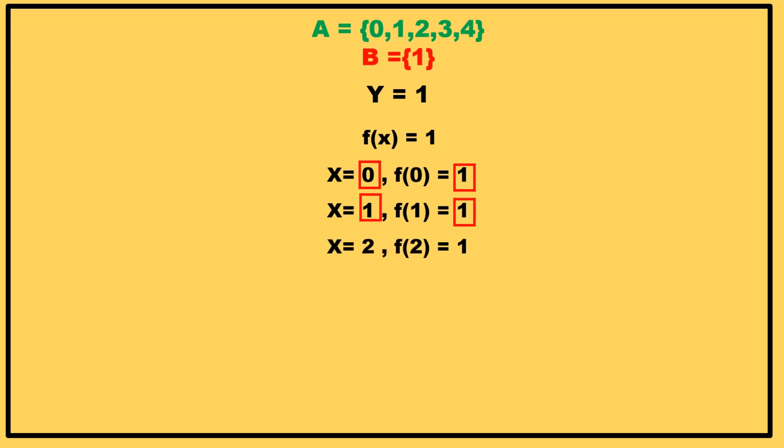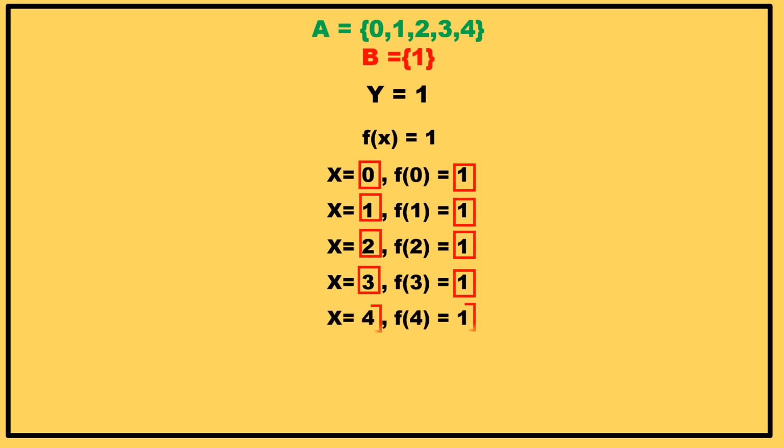When input is 2, output is 1. When input is 3, output is 1. When input is 4, output is 1. For any input of x, we get 1 as output. So f of x is equal to c. This is a constant function.